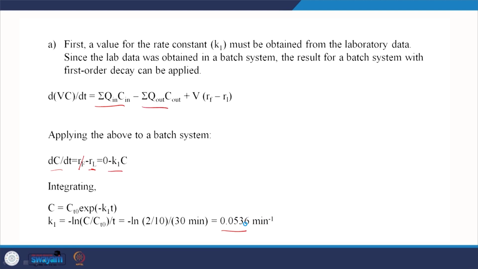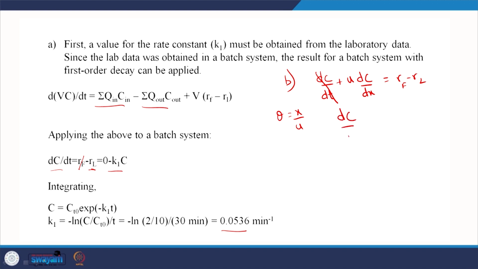Now, the second part of the system was to use this for a plug flow system, and I guess at steady state. If it was not mentioned, we are assuming steady state. So, we know from the fundamental mass balance equation u dC by dx is equal to rate of formation minus rate of loss, and at steady state this is 0. x by u is theta, the hydraulic retention time.